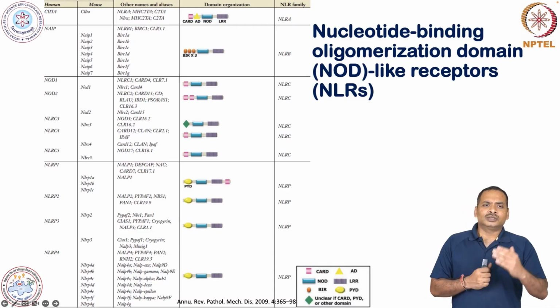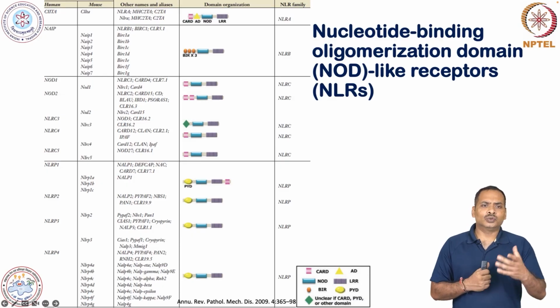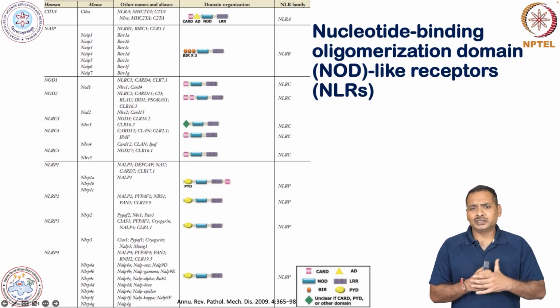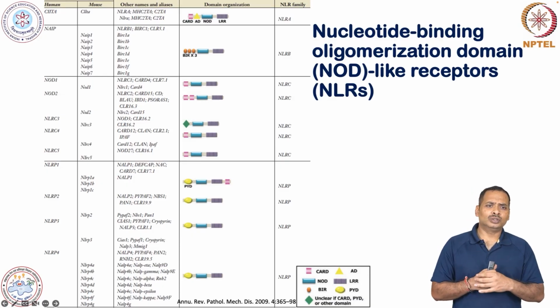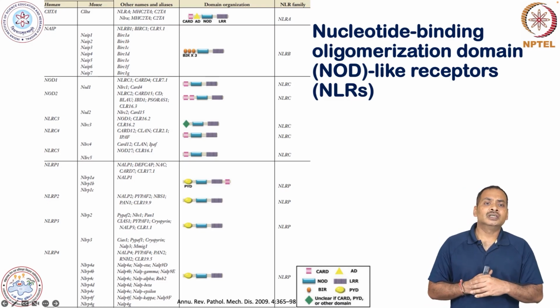So you can see that NOD1 has one CARD domain, a NOD domain and a leucine rich repeat domain. On the other hand, NOD2 has two CARD domains, a NOD domain and a leucine rich repeat domain.